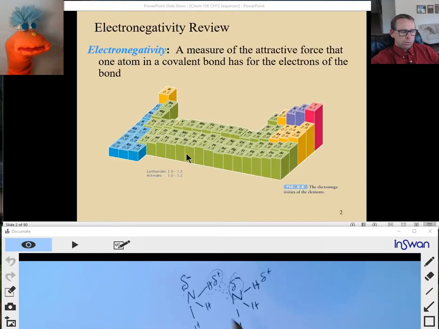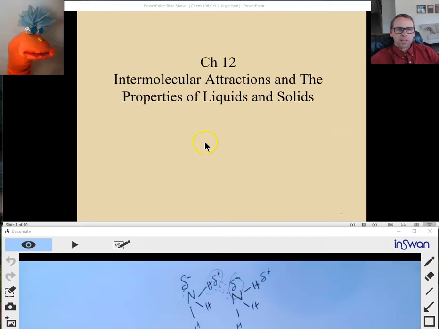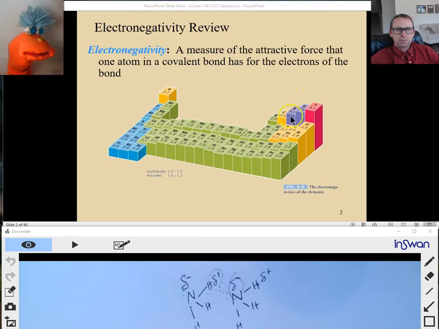Now, the reason why this partial negative and partial positive charge exist here is because nitrogen is much more electronegative, right? And this is a chart of electronegativity. Are we going to have to remember all those numbers? No, we don't have to remember the numbers. We just have to remember that nitrogen, oxygen, and fluorine are the three electronegative hogs that pull electron density the hardest, and that they increase in that order.